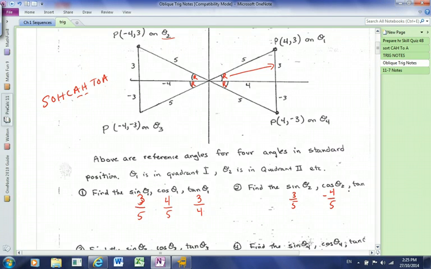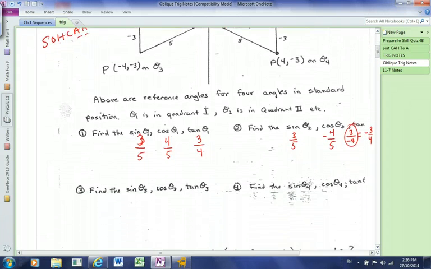And the tangent is 3 over negative 4, but a better way of writing that is negative 3 over 4, okay? One negative sign means the fraction is negative. The decimal of that fraction is 0.75, so it's negative 0.75. It's not incorrect if you write this, though. I don't really care, okay? It's just easier for your calculations.